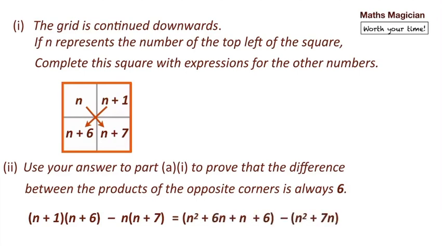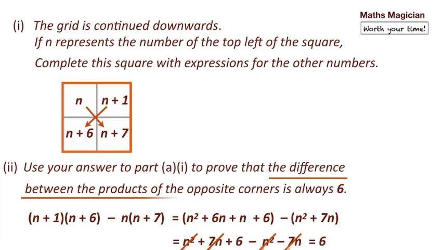Multiplying the brackets and solving, we get the answer and it is 6. Hence, we have proved that the difference between the products of the opposite corners is always 6.